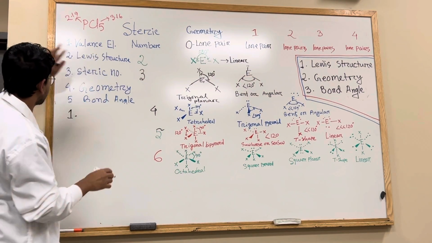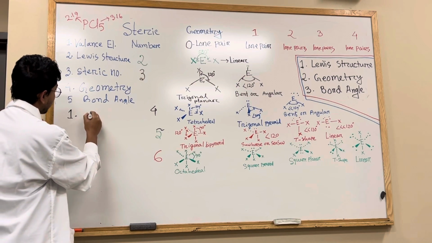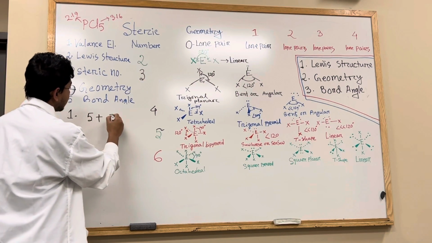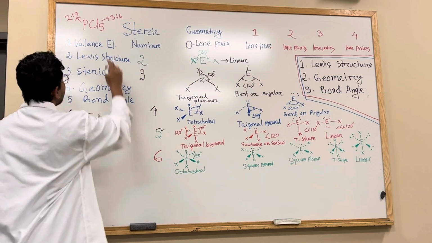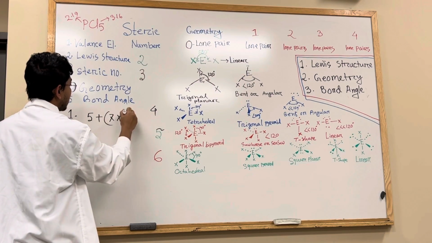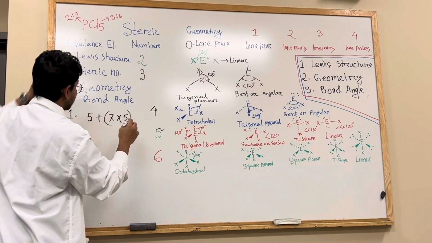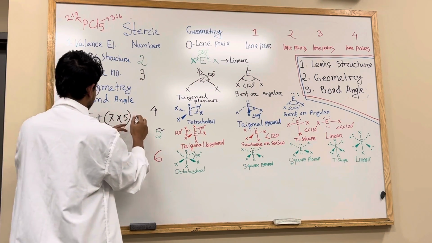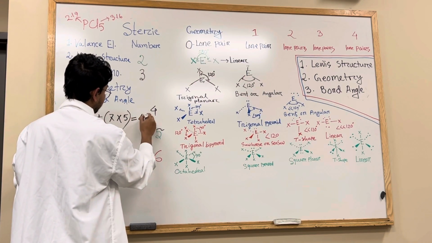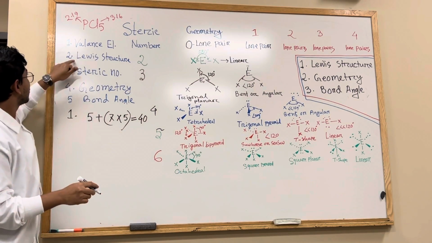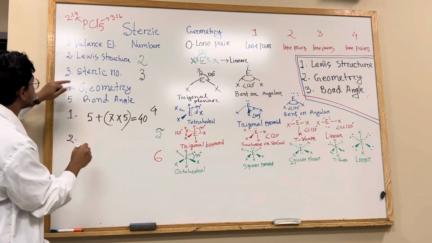The valence electron count of phosphorus is 5, and chlorine has 7 valence electrons, multiplied by 5 because there are 5 chlorines, which makes 40. Then we need to go to the Lewis structure.